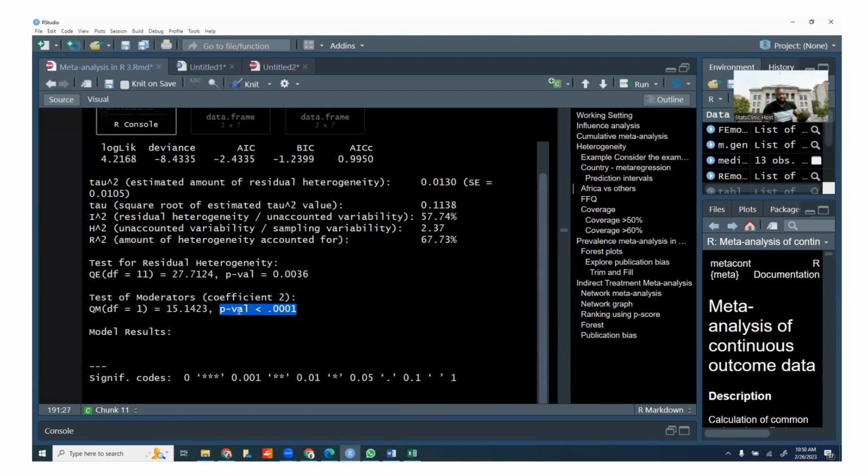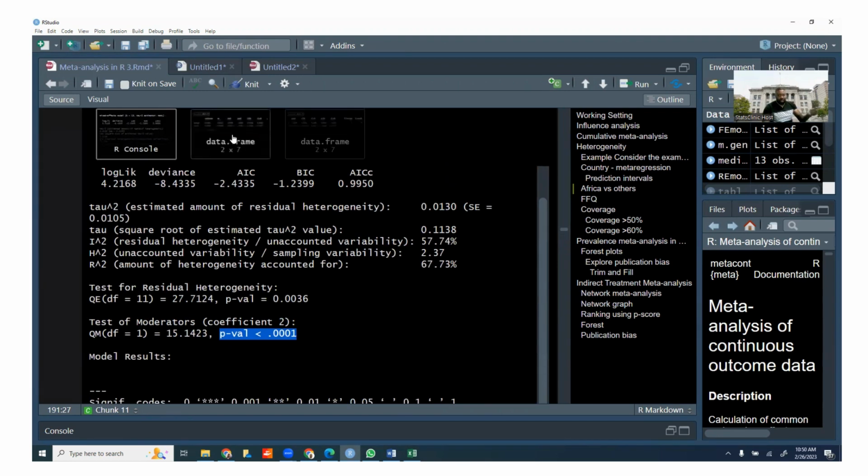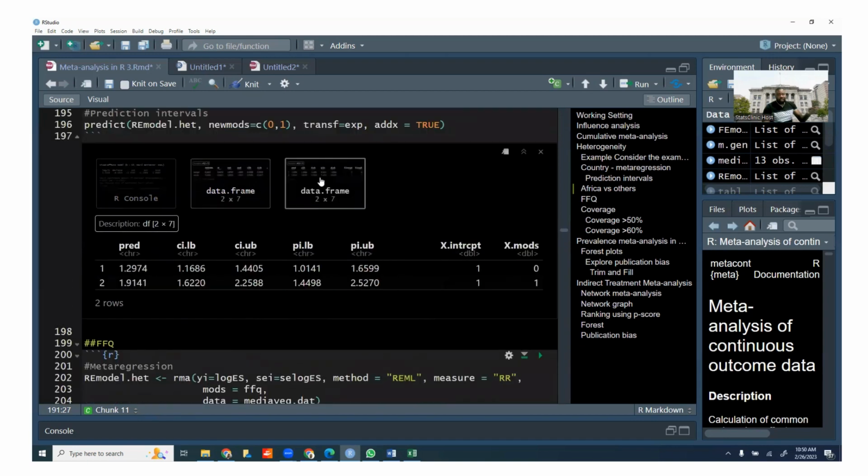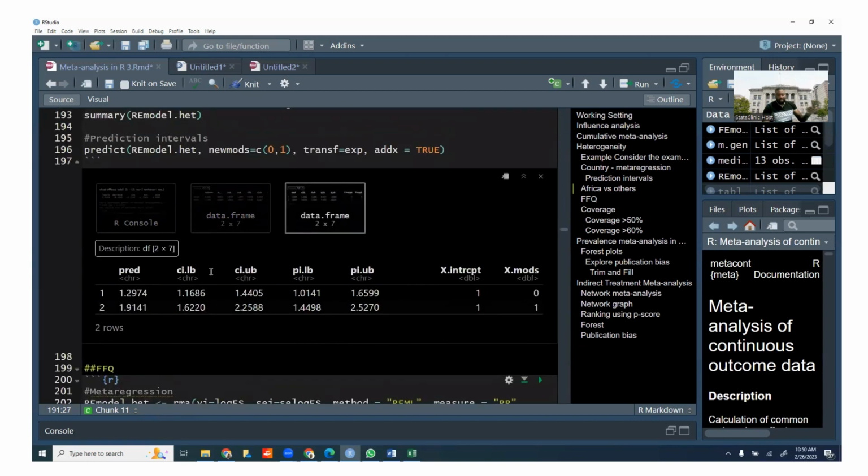Okay, so now we're interested in the prediction interval. If you look at the prediction interval, it's this output. The one here is really 0 and 1. So 1 here is if this is not Africa, and 2 here is this is in Africa.